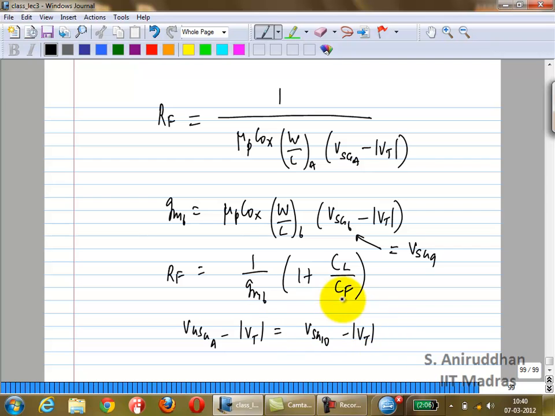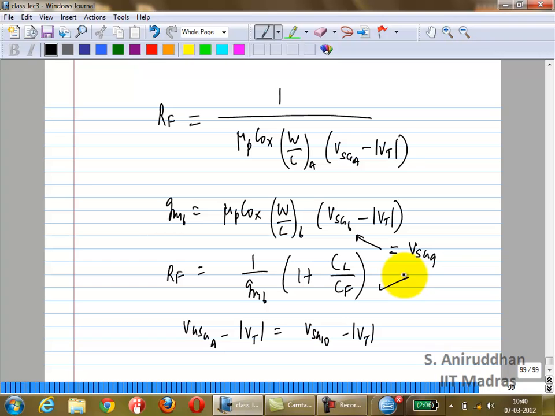So now you can put these things into this equation. Substitute everything: expression for RF, expression for GM6, and replace, for example, VSG6 with VSG10 and so on. You'll get a condition on what?